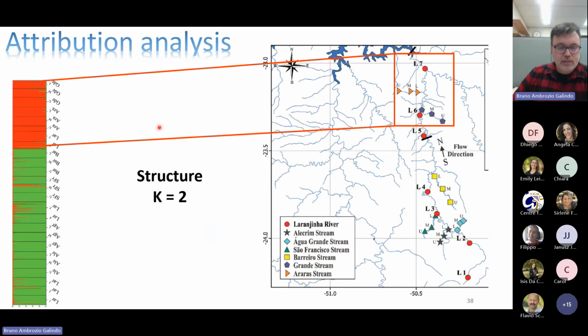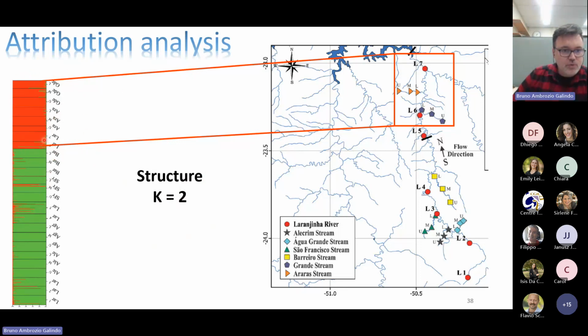And I would like to show you again this attribution analysis. I have here a pretty interesting graph with k equal 2, which means I had two ancient populations forming this group of individuals.